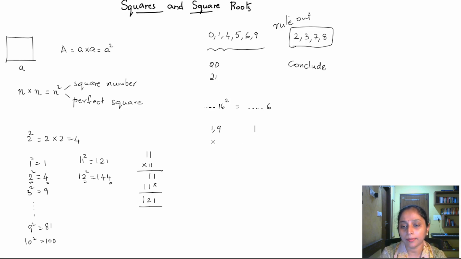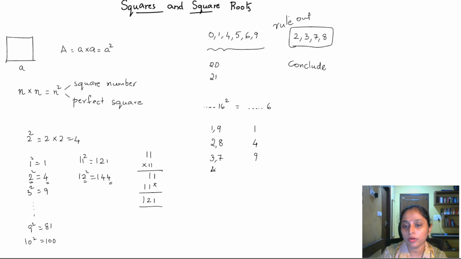Any number ending with 2, the perfect square is going to end with 4. You can check even for 8, the perfect square is going to end with 4. Next, any number that ends with 3, the perfect square ends with 9. Even for 7, the perfect square is going to end with 9.